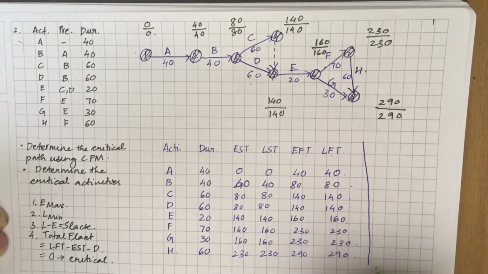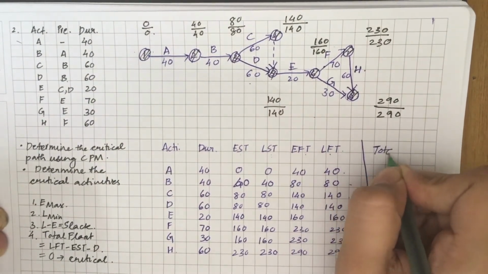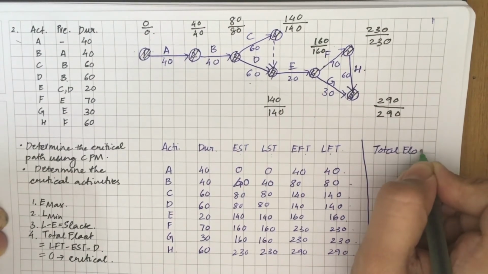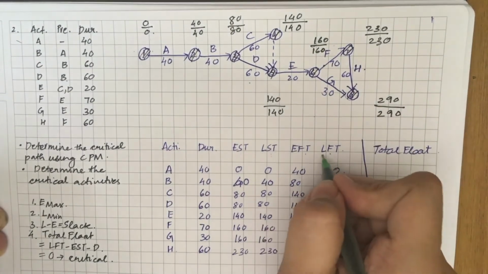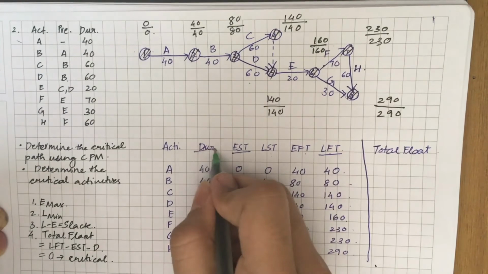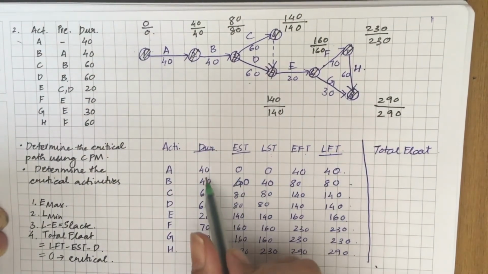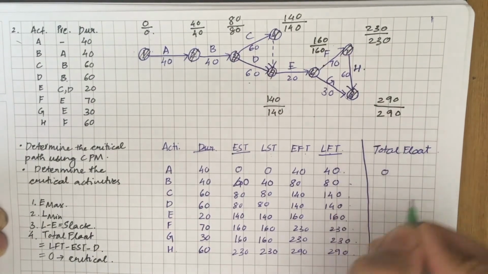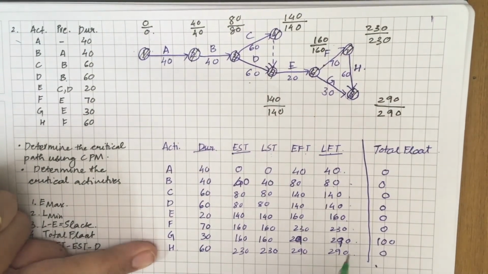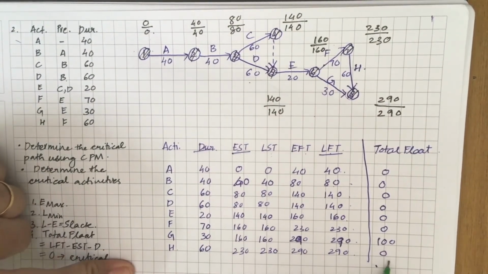Now the final step is to calculate the total float. The formula is LFT minus EST minus duration. So total float for A is 40 minus 0 minus 40, 0. Now the total float for every activity has been calculated.